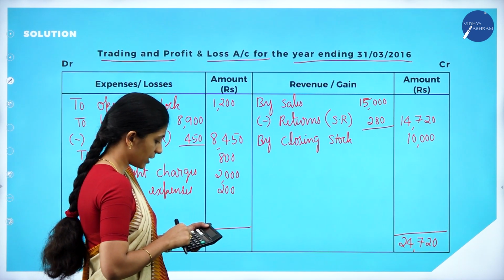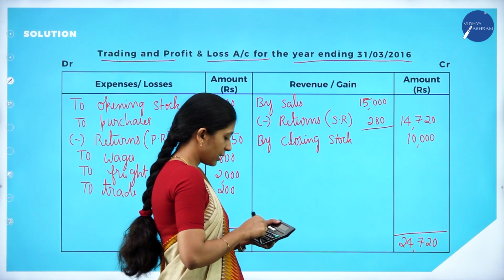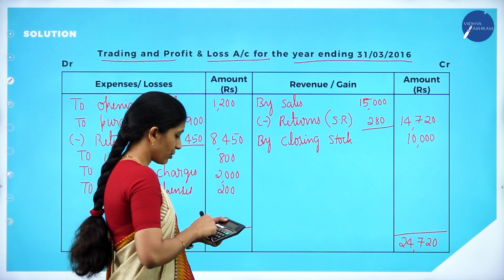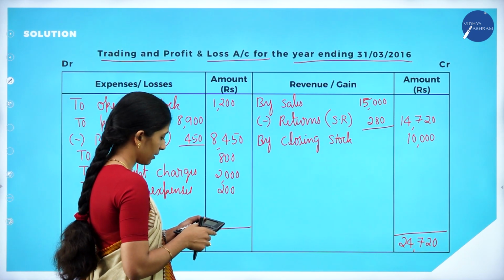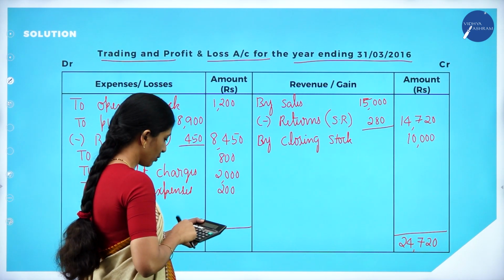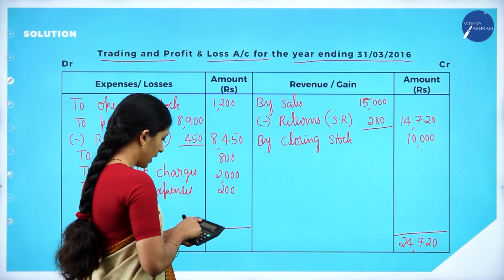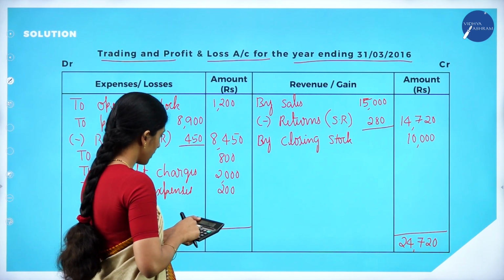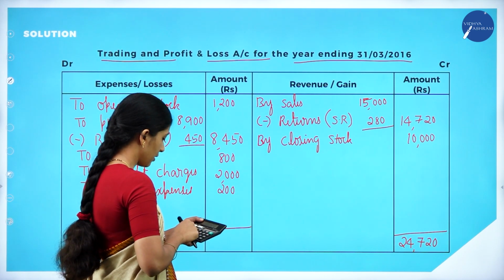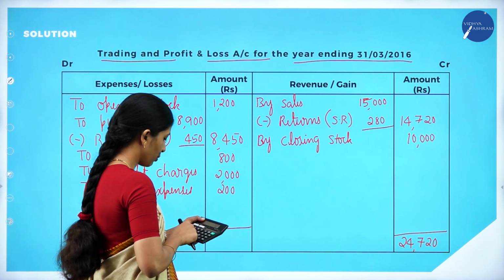So once again we shall check. 24,720 minus 1,200 minus 8,450 minus 800 minus 2,000 minus 200.